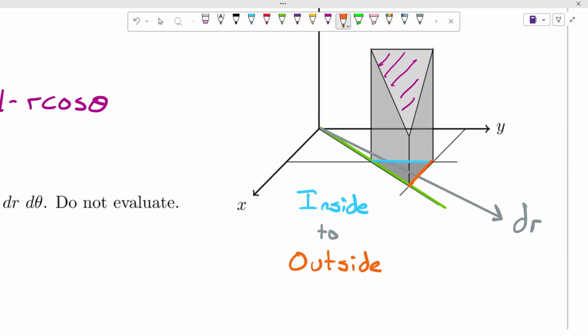So when I'm setting up my limits, I'm going to need an equation for that blue line and an equation for that orange line.